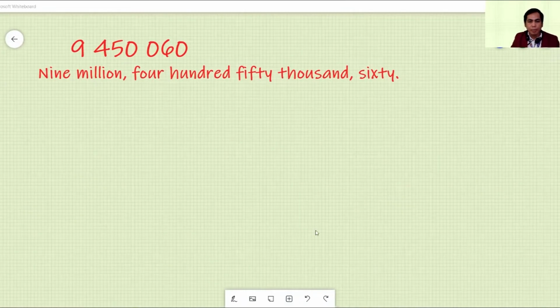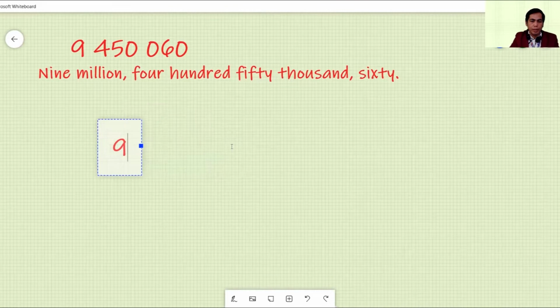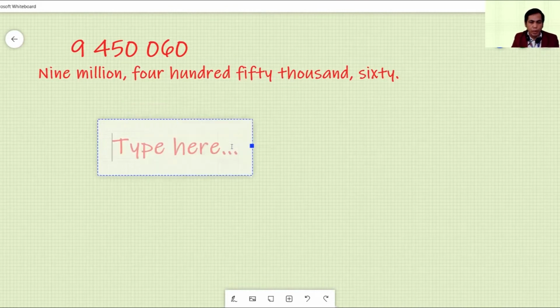Let's have another example. Let us try to write this numeral in words.